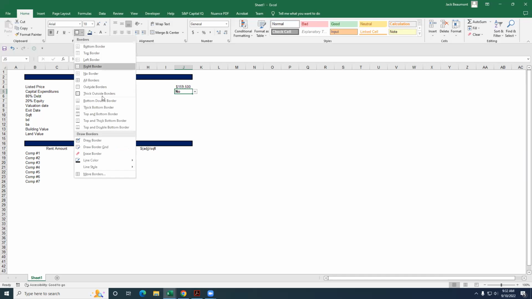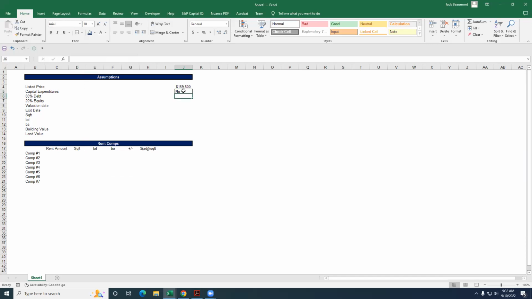And then I'm going to put a border around there and then make that like that. So I'm going to assume no here because, like I said, the property looked in good shape. Here I'm going to anchor that with F4. That anchors the row and the column. If you change where this is positioned, it might anchor just the column or just the row.